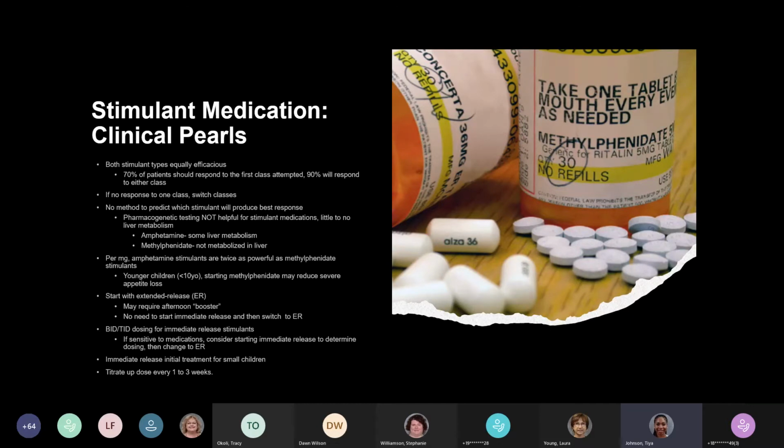And then another clinical pearl is that you can titrate your dose every 1 to 3 weeks until the maximum dose is reached, or until the symptoms of ADHD remit, or the side effects prevent further titration. So whichever one of them happens first, that's when you stop. If the maximum dose is reached and you're getting no benefit, that's when we're going to switch to the next class.